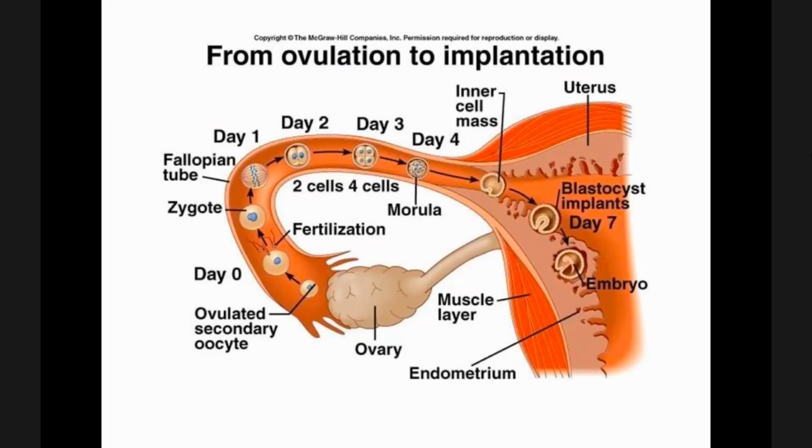Around that time, most patients are not aware that they are pregnant, and they may even experience a little bit of bleeding. It is called implantation bleeding. Patients may experience a little blood-stained discharge, and sometimes they consider it a period.